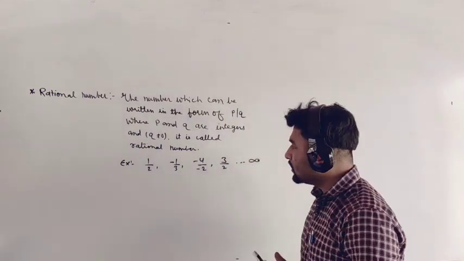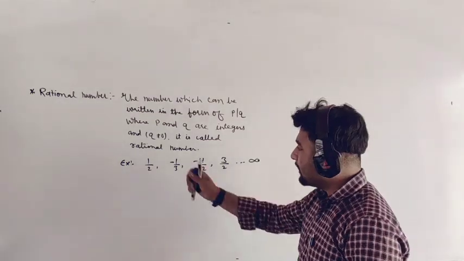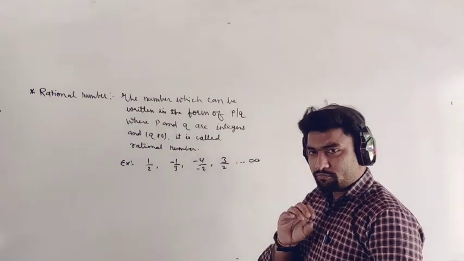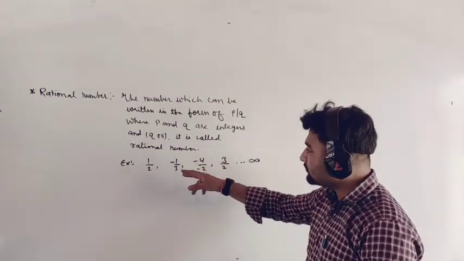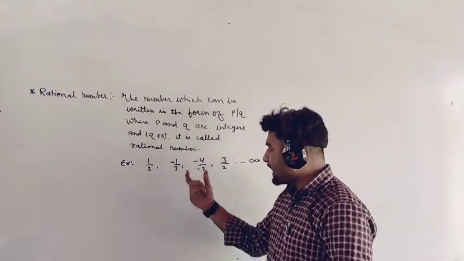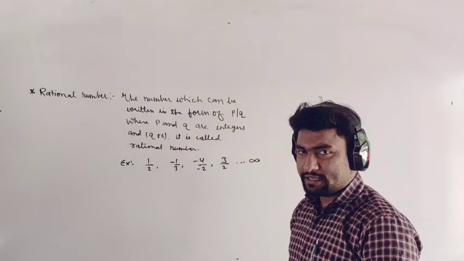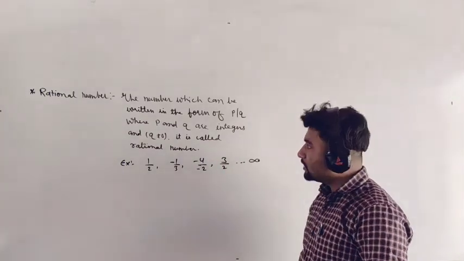All of these are examples of rational numbers. Minus 1 is a negative integer and 3 is a positive integer, and both are in the form of P upon Q, where minus 1 is the numerator and 3 is the denominator. Clear here?